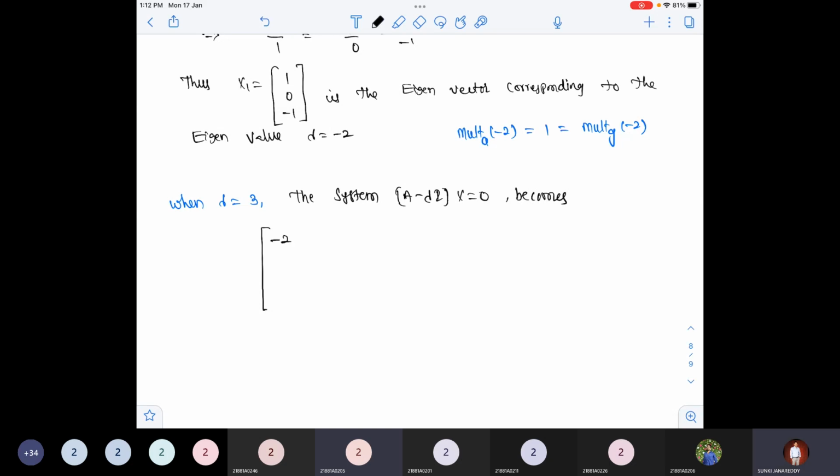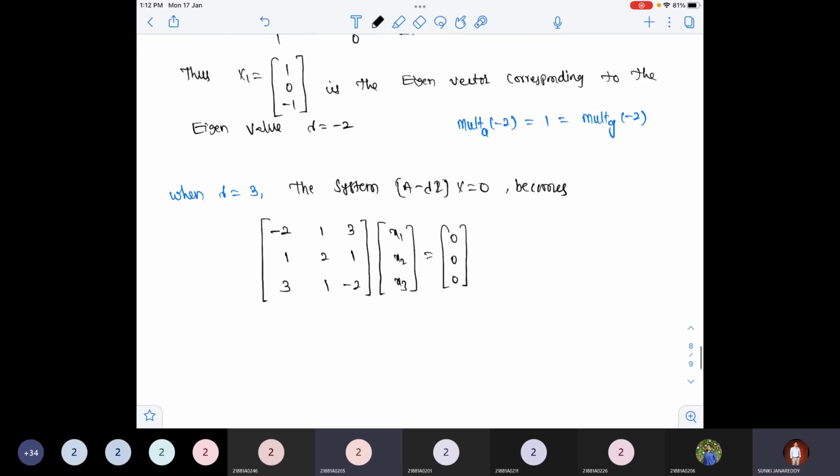Minus 2, 1, 1, 1, minus 2, 1, 1, 1, minus 2 into x1, x2, x3, that one is equal to 0, 0, 0.